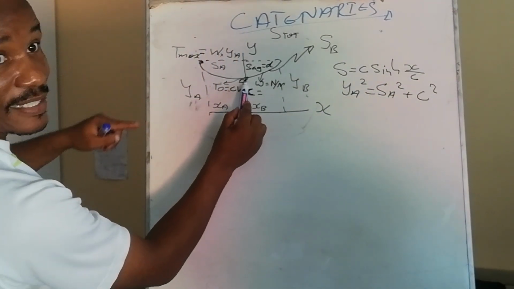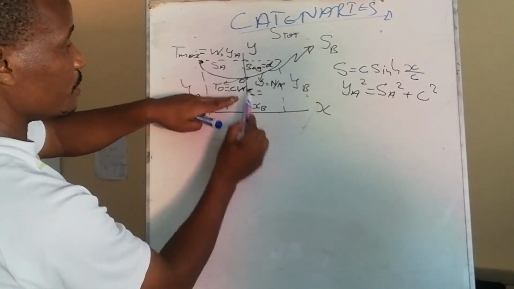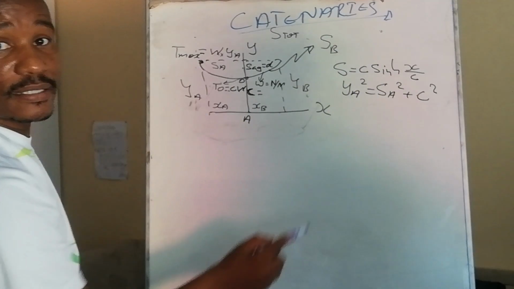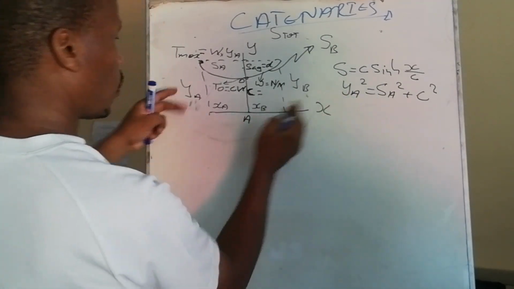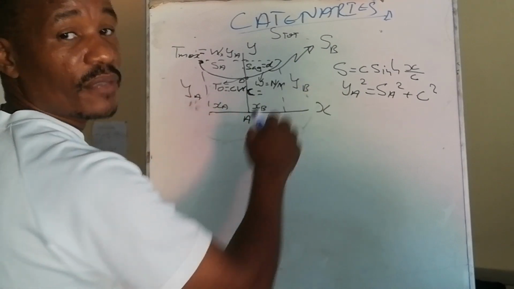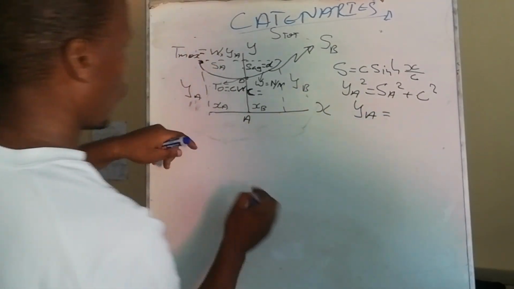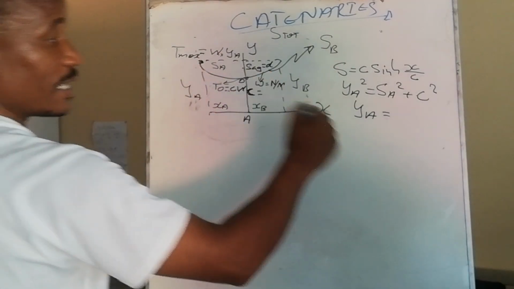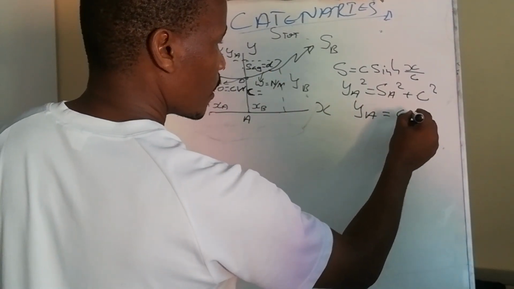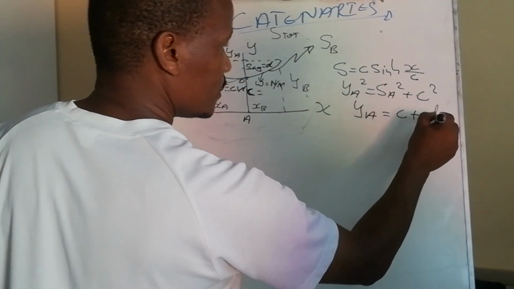C passes A there, but it also passes SB there. So YB, because they're on the same level, YA is the same as YB, meaning also YA is equal to the parameter of the catenary, which is C, plus the sag of the catenary, which is D.